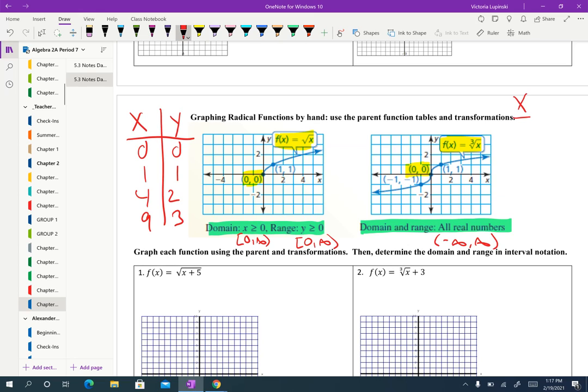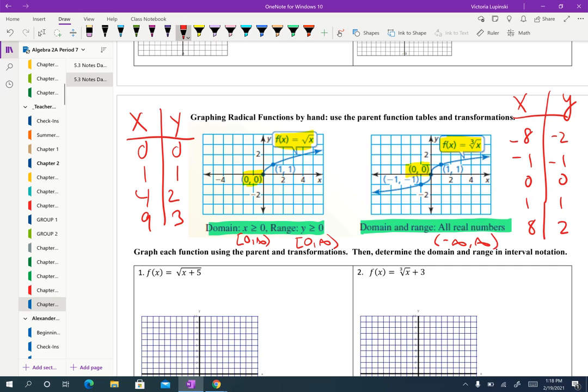Then for the cube root table, it's a little different because you can take cube roots of negatives. So x is -8, -1, 0, 1, and 8, and they have cube roots of -2, -1, 0, 1, and 2, respectively. Remember, you could choose additional x values as needed, including ones that give you decimals. But obviously, we're trying to make things as easy on ourselves as possible.